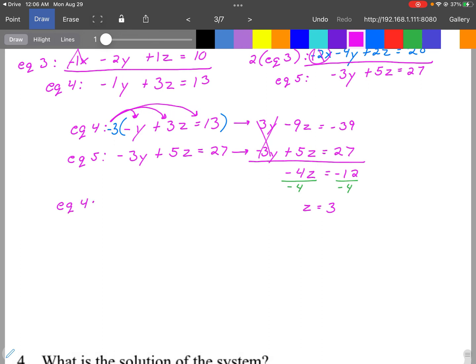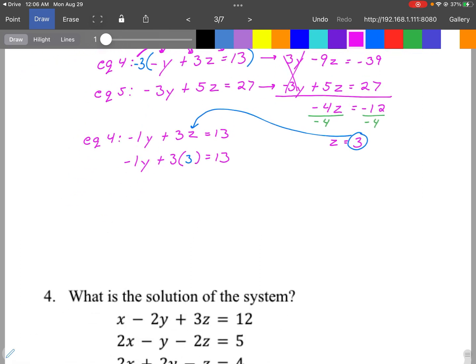So if I take equation 4, which was originally negative 1y plus 3z equals 13, I need to plug this 3 in for z. So that's going to give me negative 1y plus 3 times 3 equals 13.